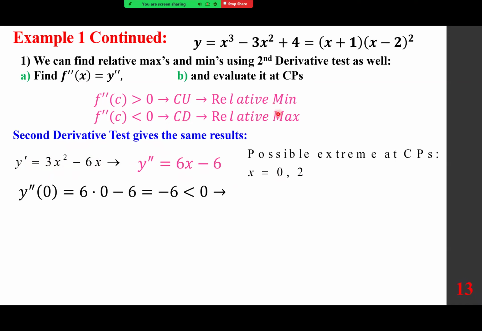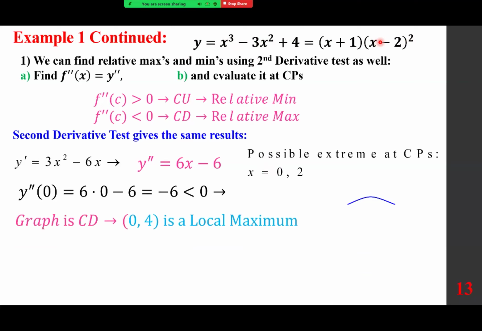It means relative max. So at x equals 0, you have a relative or local max. So what do you do? You plug in 0 into the original function, which gives you the pair 0, 4. So the graph is concave down, looking like that. Concave down means what? Up here we have it. Local max.